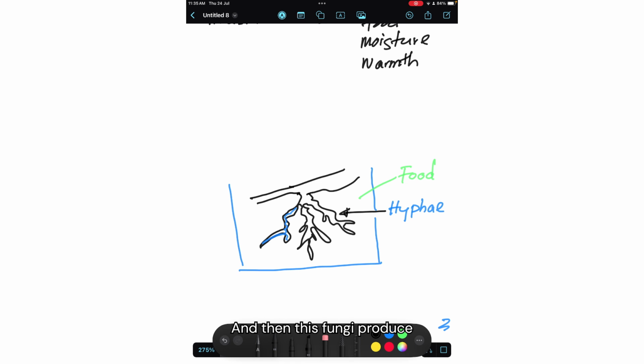And then these fungi produce spores, which grow in a spore head or sporangium. Now from this structure, they make this kind of structure, right?